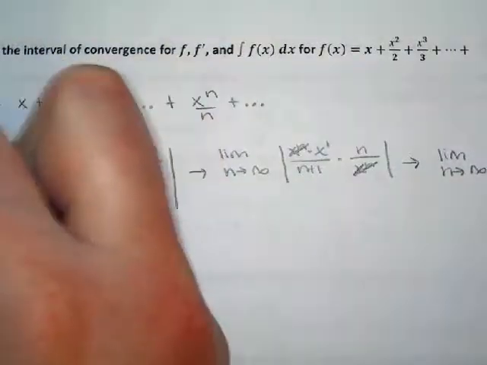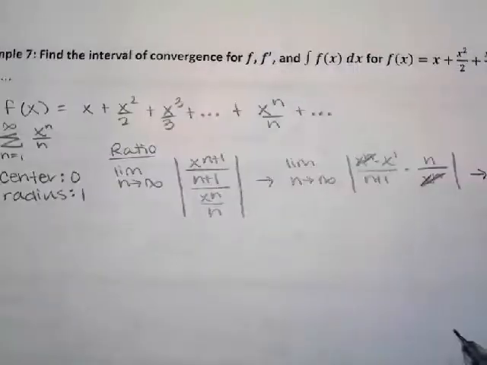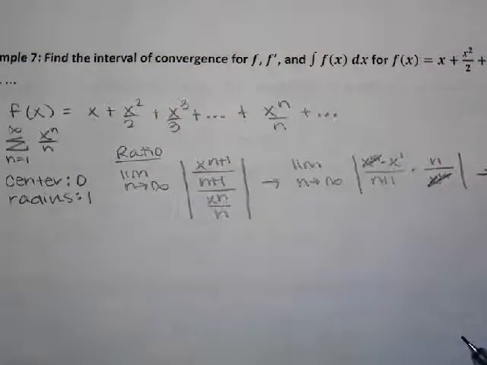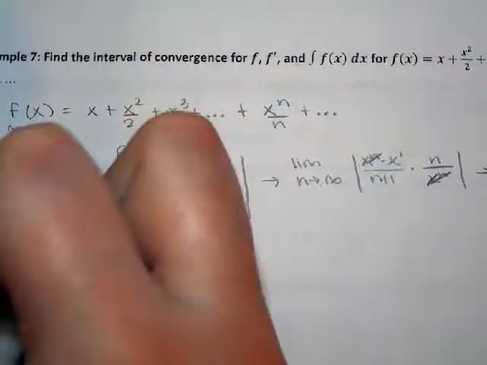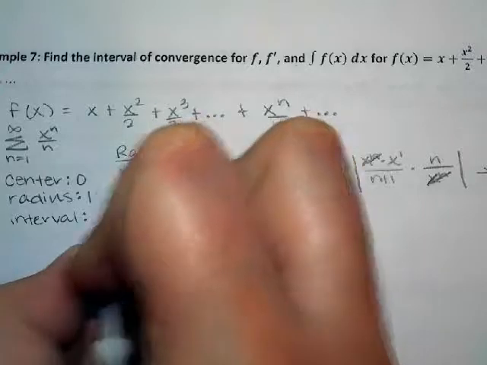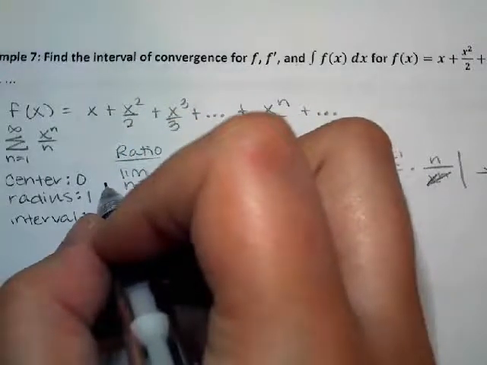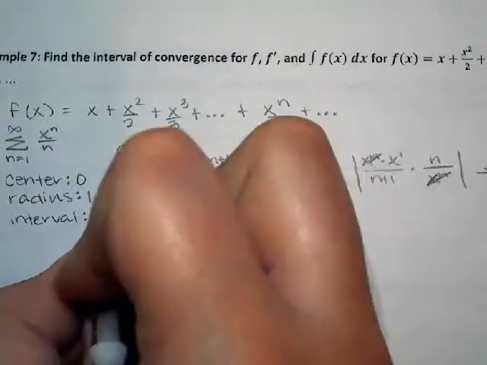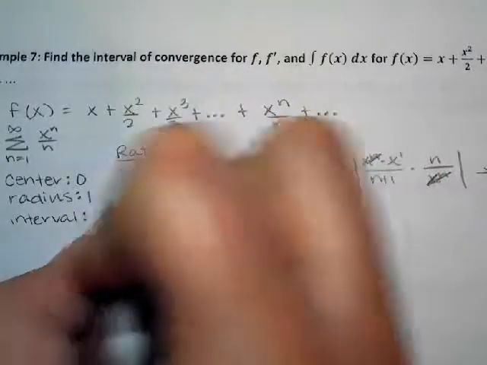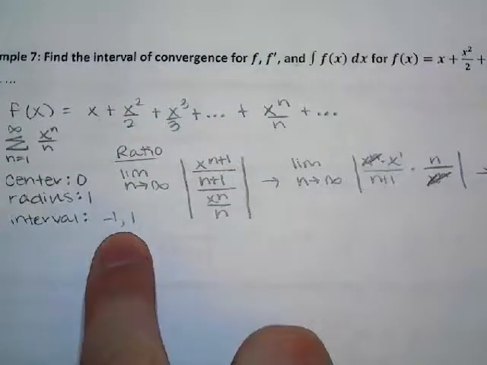Would you say that because of the ratio test you just know the rules that you can't with this one? No, you might be able to have 1. So we're going to check it. I'm going to put -1 to 1, and I just don't know if I can include those or not. So we're going to have to check.